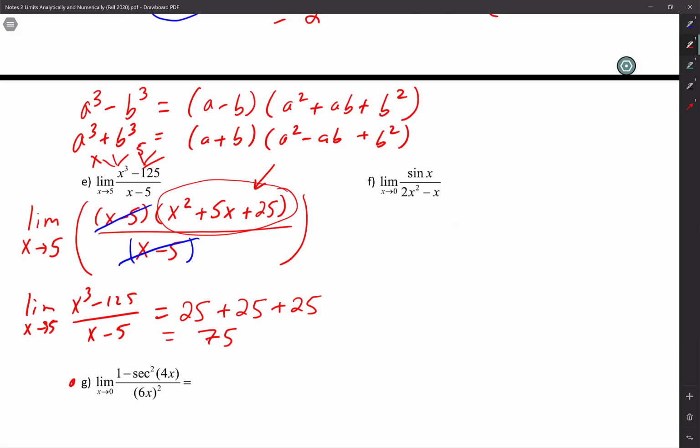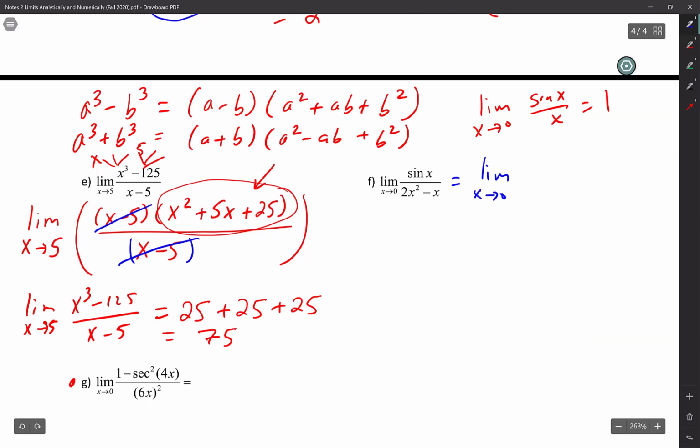All right, letter F. Don't freak out. You see a sine x, and you immediately write somewhere, limit of x approaches 0 of sine x over x is 1. Write it down somewhere, doesn't matter where. And then you're like, okay, I need to make this guy look like sine x over x. So let me put it in blue, guys, to differentiate from E. Limit as x approaches 0.